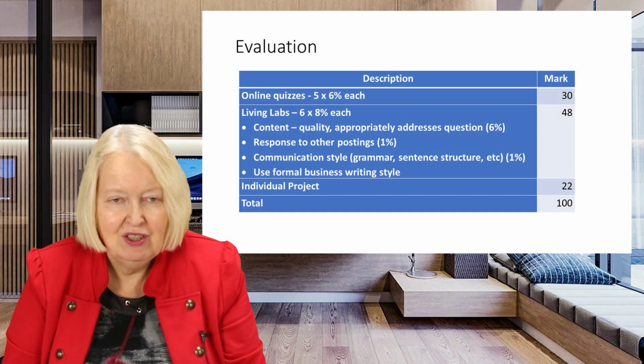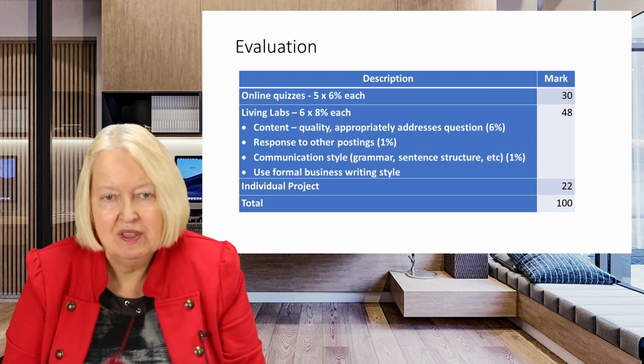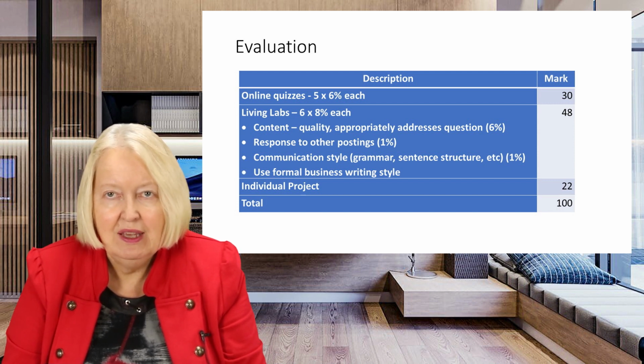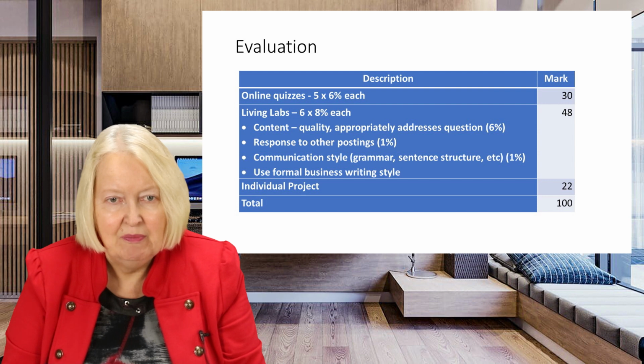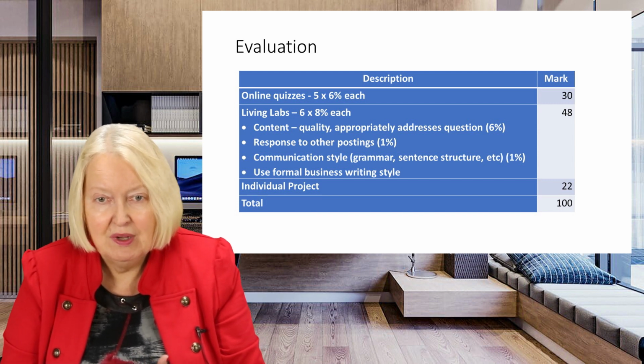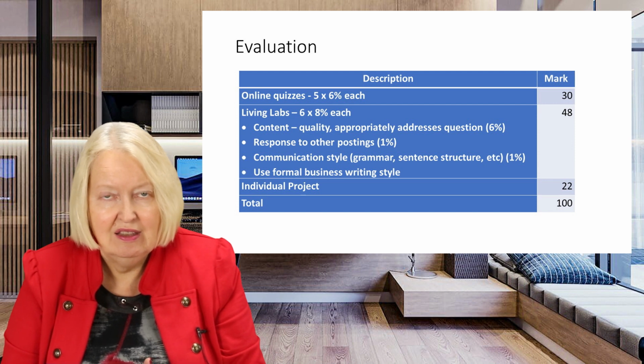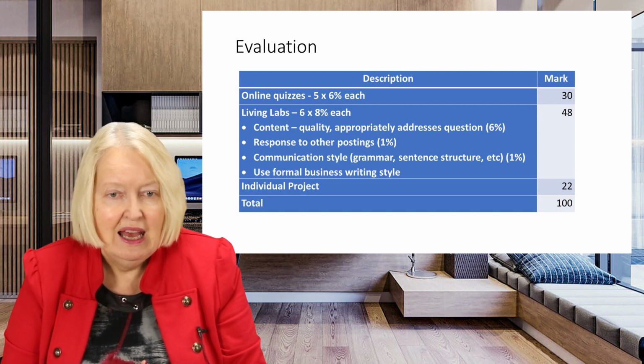The evaluation: we have online quizzes, based on the accounting textbook, and there are 5 of those at 6% each. Then we have our living labs, our discussion boards. There are 6 of those at 8% each, and the way I've allocated the 8 marks is that 6 goes to the content, to the quality of your response. Are you appropriately addressing all the questions that have been asked to you?